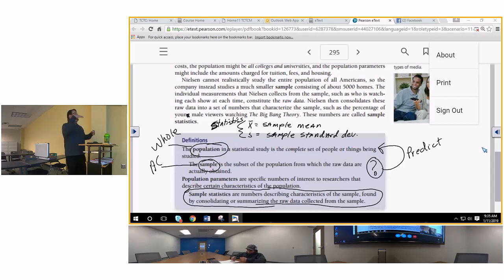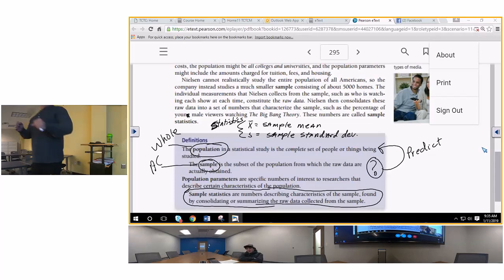And I throw up the safety slide. We've got to work on safety. Right here, you see X bar is equal to 15 accidents, and mu is equal to 18 accidents. And you go, wait a minute, X bar, that's a statistic. So he means that's the sample. Yes, the sample.